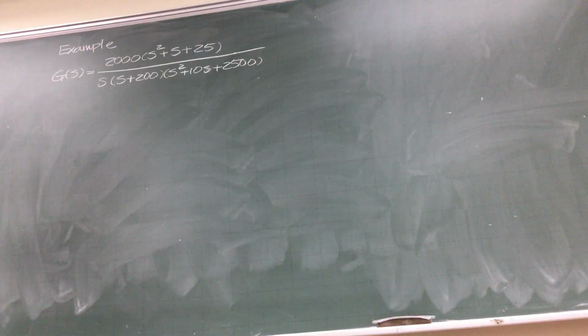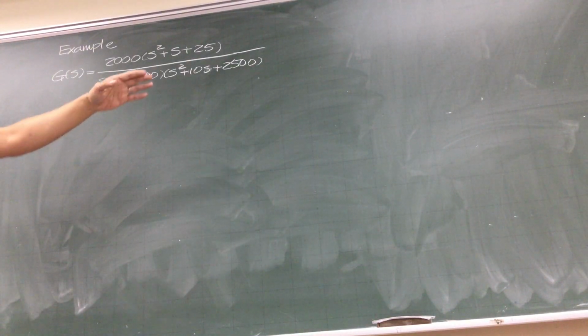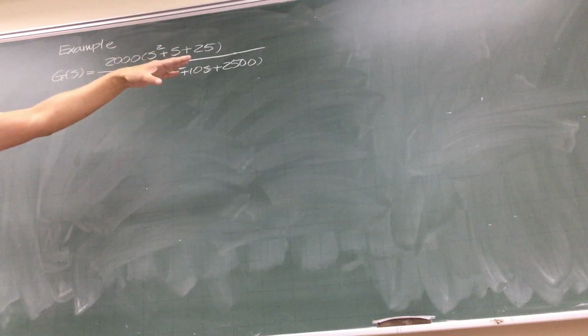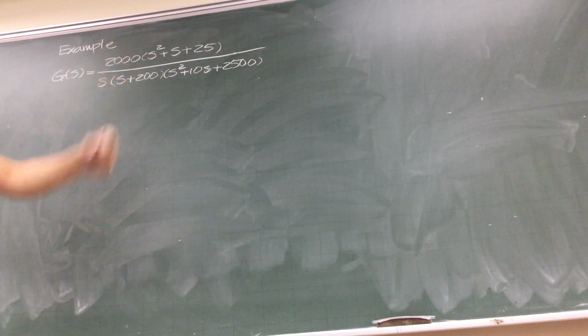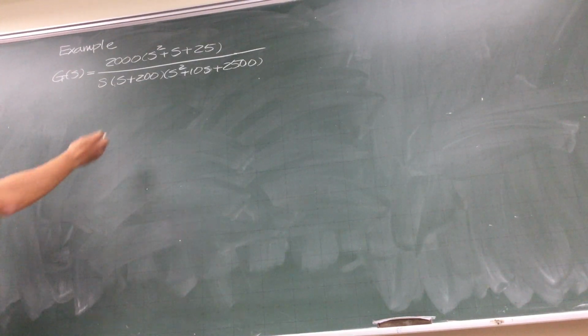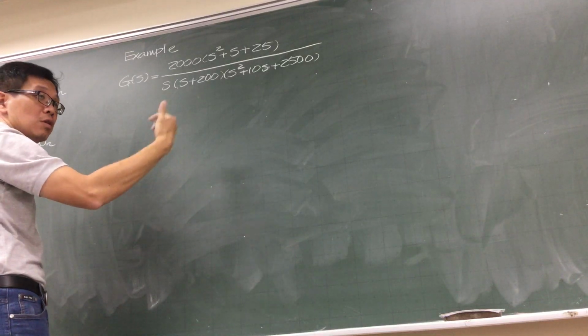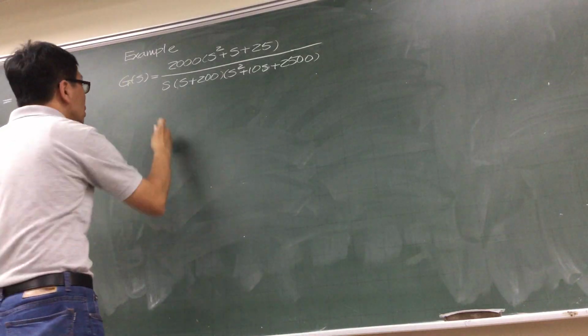So what we're trying to do is to identify individual parts, then draw that on a Bode plot separately, then combine everything all together. Before we can do that, what do we need to do? We need to separate this equation into what? Individual poles, zeros, and gain.